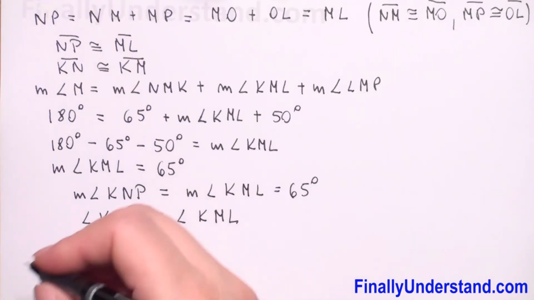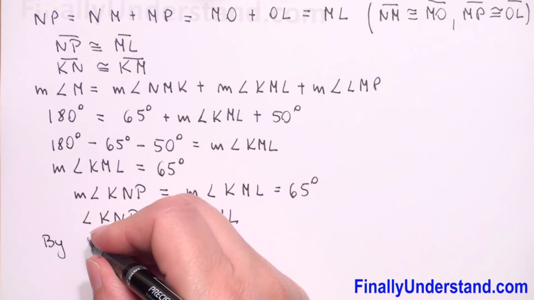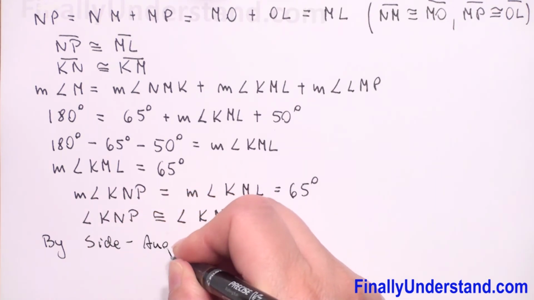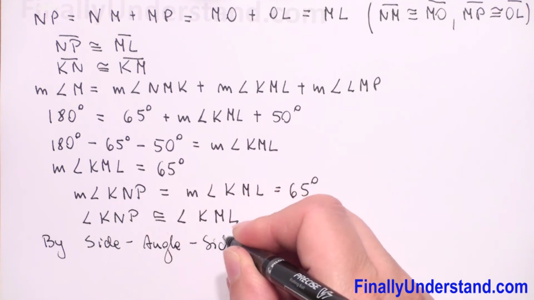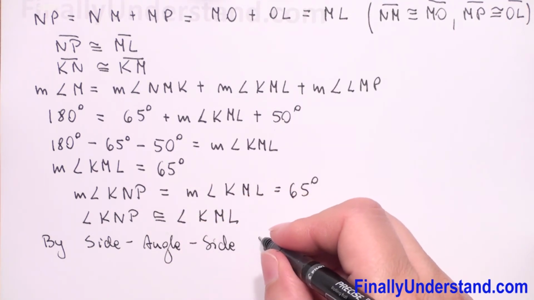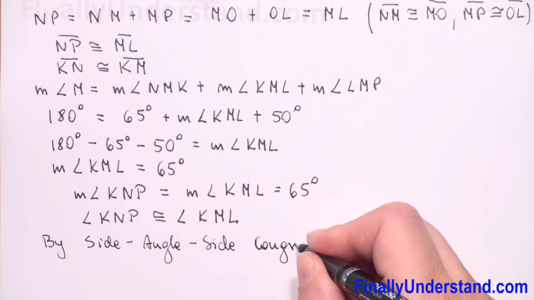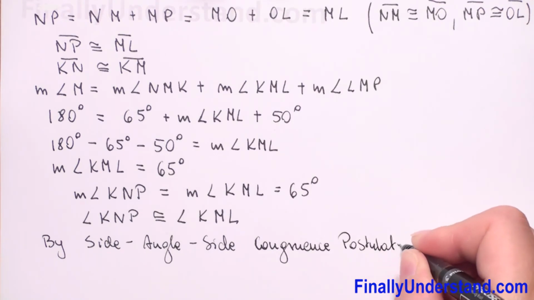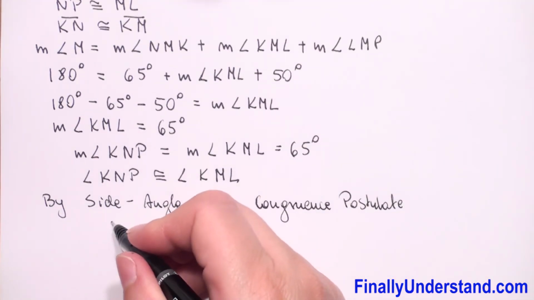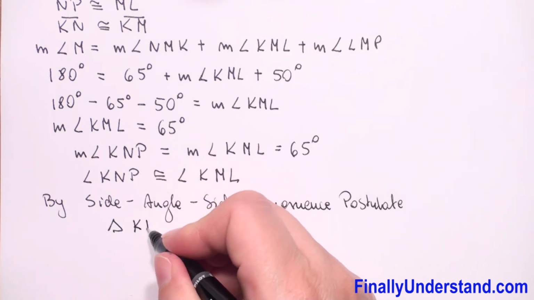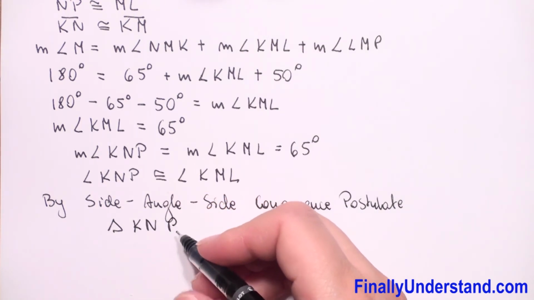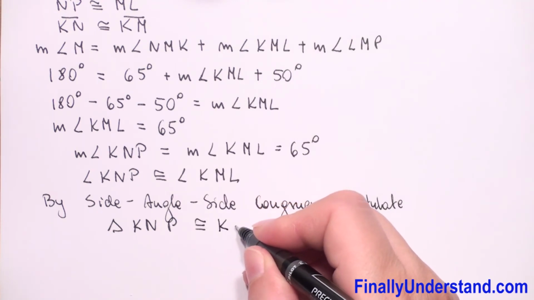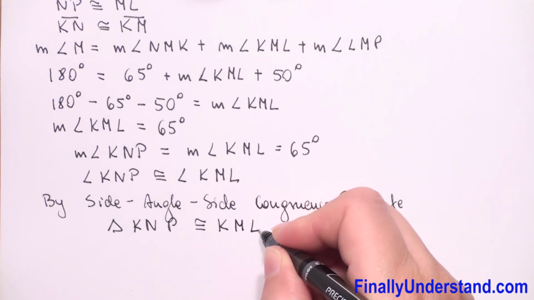So by side angle side congruence postulate, we have that triangle KNP is congruent to triangle KML.